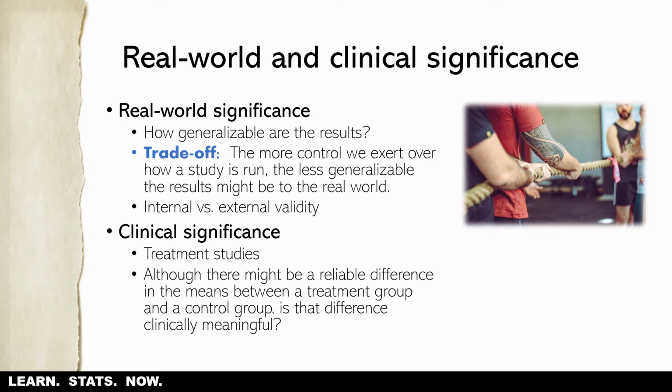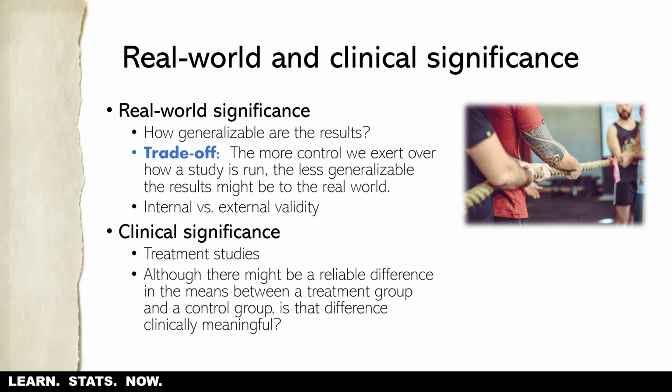Because if we're going to make recommendations for changing the way individuals are treated, whether it's in a medical sense or in a social sense, or so forth, a lot of those changes require significant resources. And is there a big enough outcome difference with a new treatment to justify or warrant all those changes?